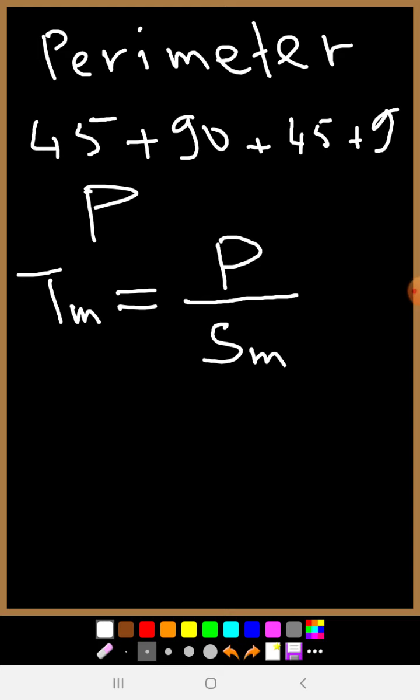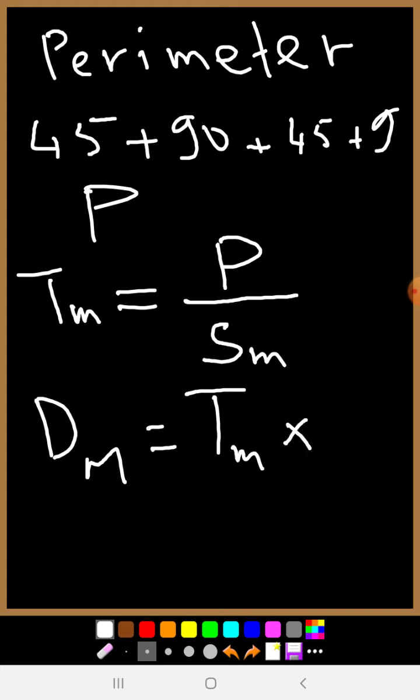Therefore, during that time, we want to know what distance did runner big M travel. Well, we say the distance traveled by big M will be equal to the time we calculated multiplied by the speed of big M. Because like we know, distance is always the time multiplied by the speed.